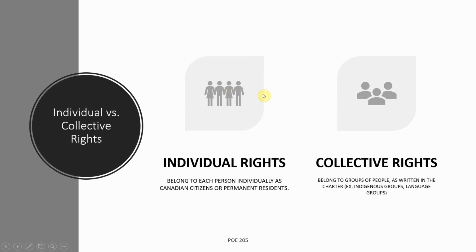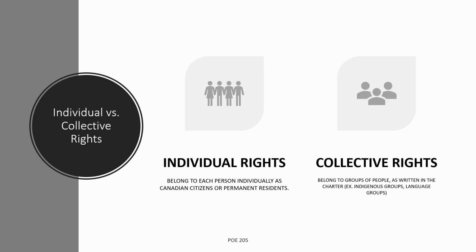So individual rights are the idea that a right belongs to each person as a Canadian citizen or as a permanent resident. So that would be something like the freedom of expression, that I as an individual have a right to express myself. Collective rights, on the other hand, belong to a group of people, and they're written into the Charter for some of the founding groups in Canada, so Indigenous groups and specific language groups.